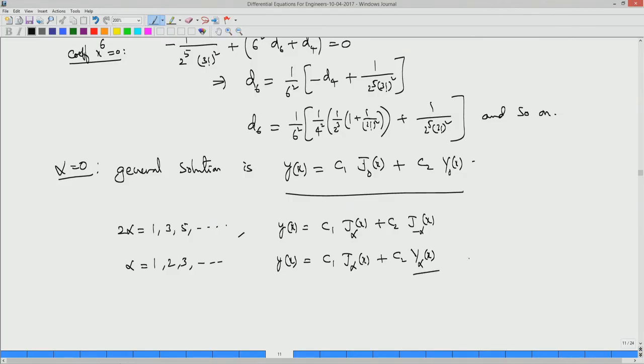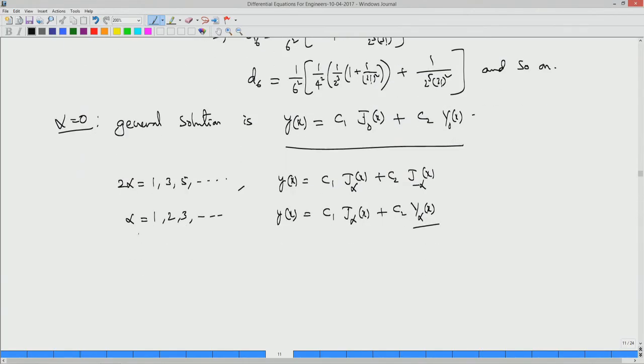The second solution Y alpha is unbounded because of the log x term. Here J minus alpha of x is also unbounded because of x power minus alpha. And what else you have seen? So, this is when 2 alpha is an integer.